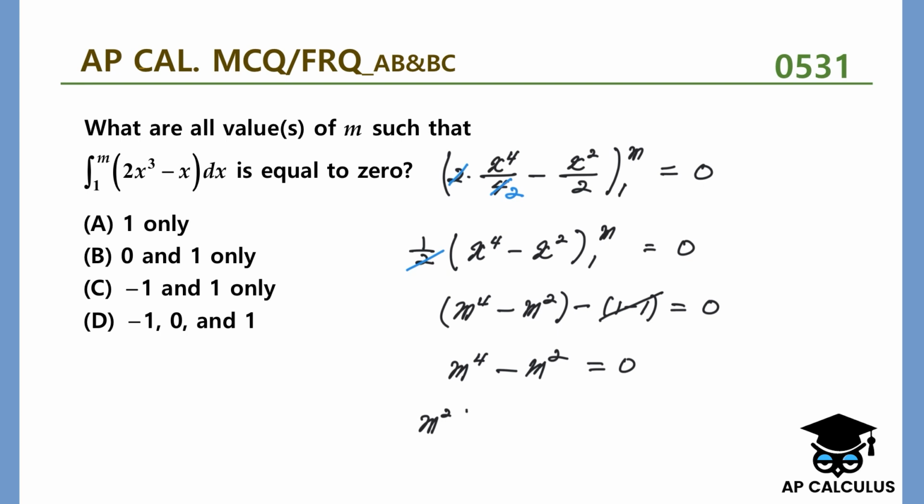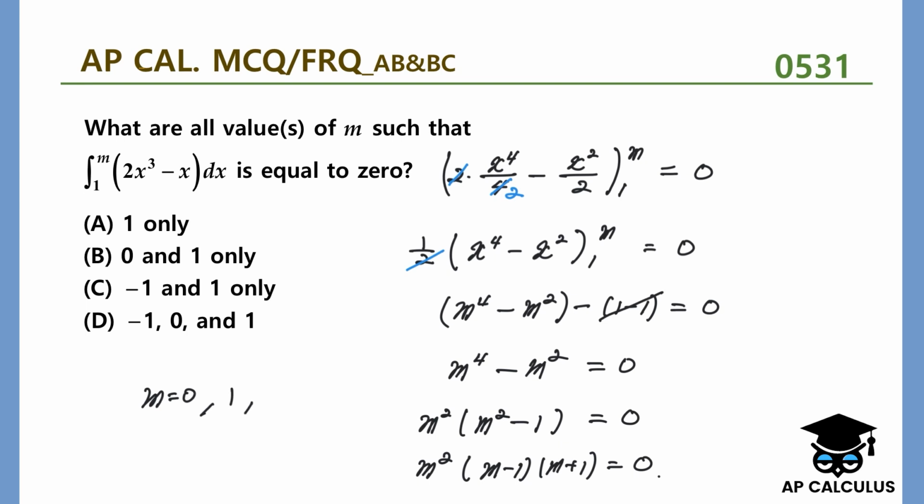M squared times m squared minus 1 is equal to 0. So m squared times m minus 1 times m plus 1 is equal to 0. So this expression is equal to 0 when m is equal to 0, 1, or -1. So what are all values of m such that this definite integral is equal to 0? D, the answer must be D.